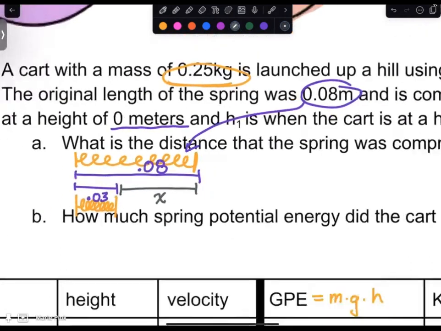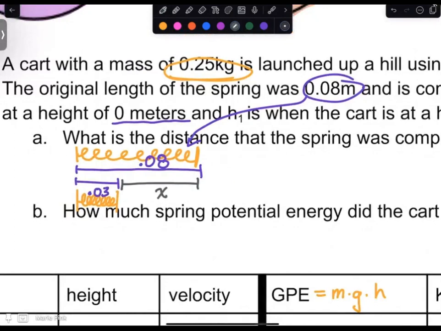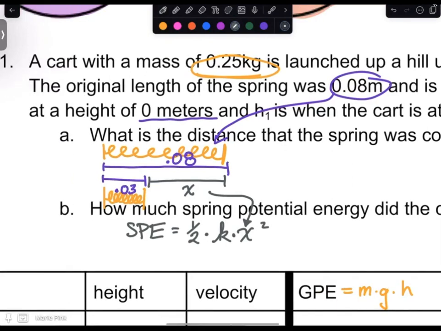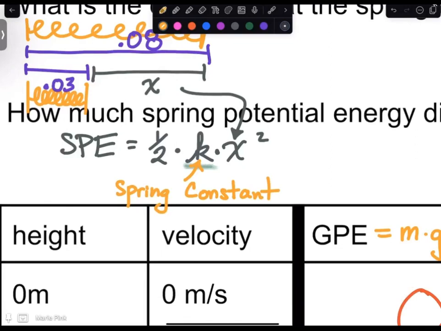And our spring potential energy equation, so that's 1/2 times the spring constant times x squared. So this spring constant, or K, and notice that is little k, that's not big K, that's a little k. That spring constant is how strong the spring is. So if it has a really big number for the spring constant, it means it's really hard to compress.